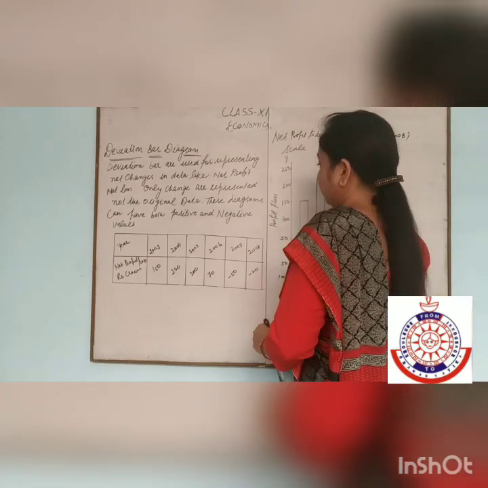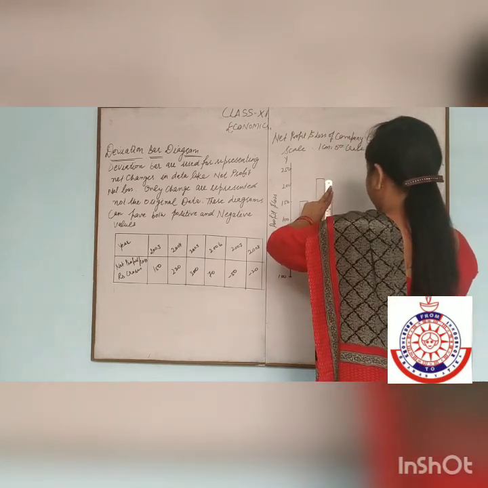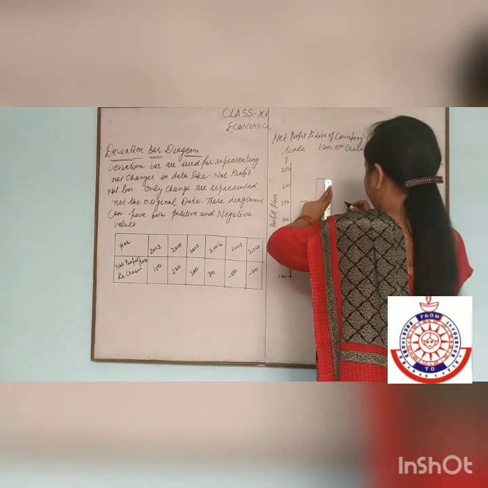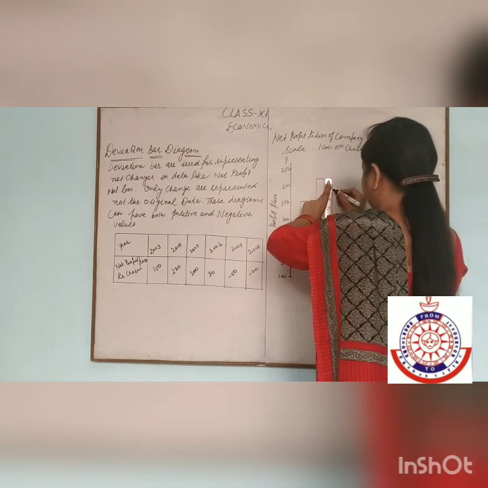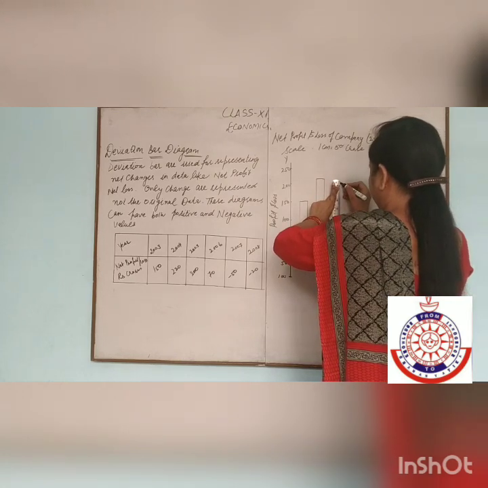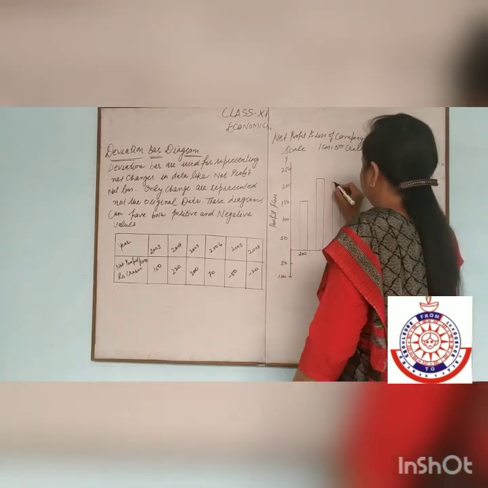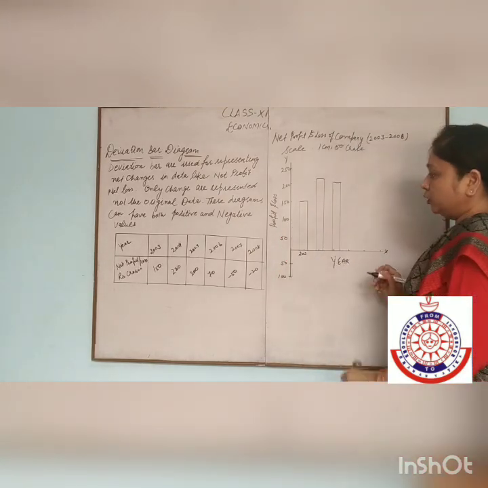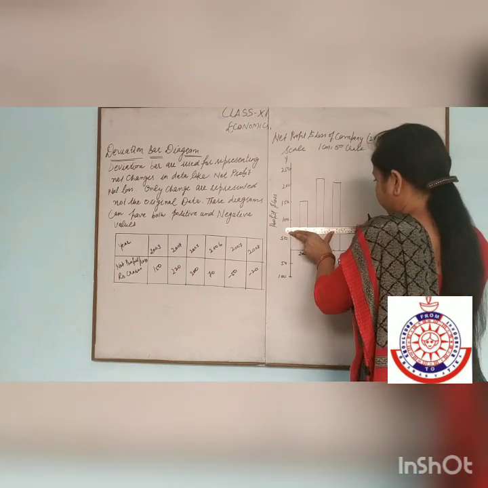In 2005, 200. This is 200. And in 2006, 70. 70 is here.